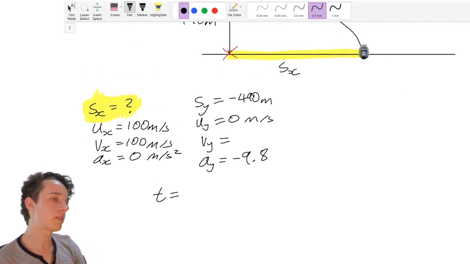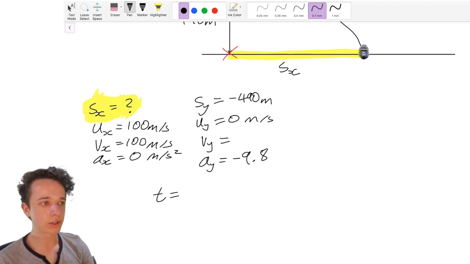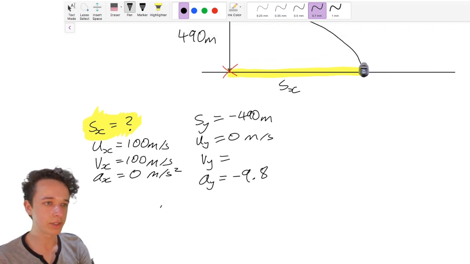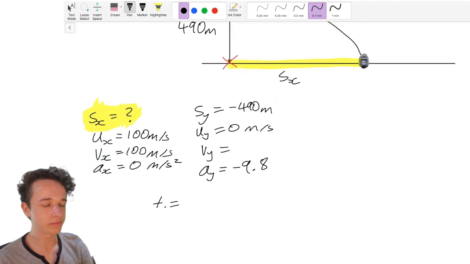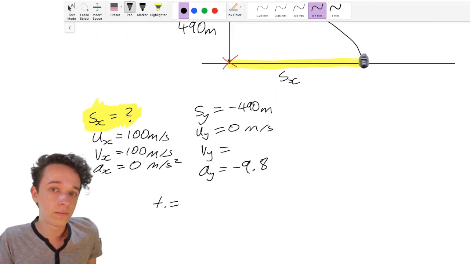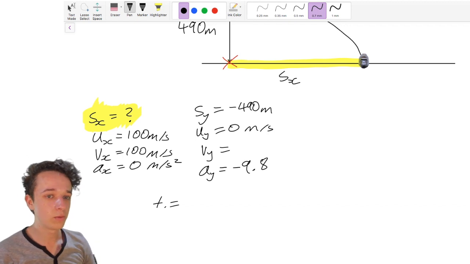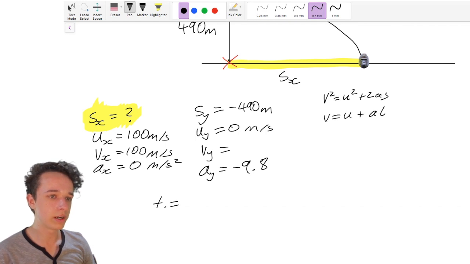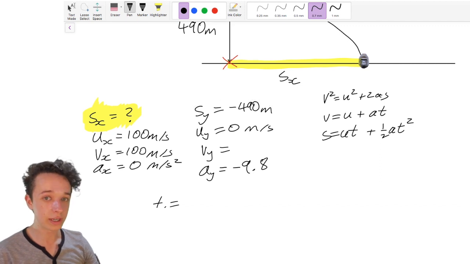So typically what you have to do in these questions when you're trying to find a range, but you don't seem to have enough information to find it, is to first find the flight time. So how will we find the flight time? Well, again, let's consider our kinematic equations. We're looking at how we can use the data from the y component, s equals ut plus half at squared, in order to find t.